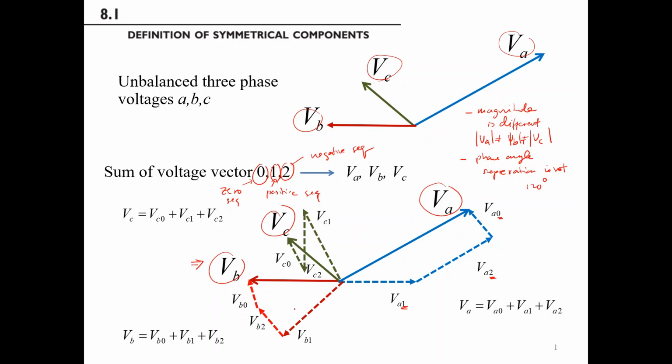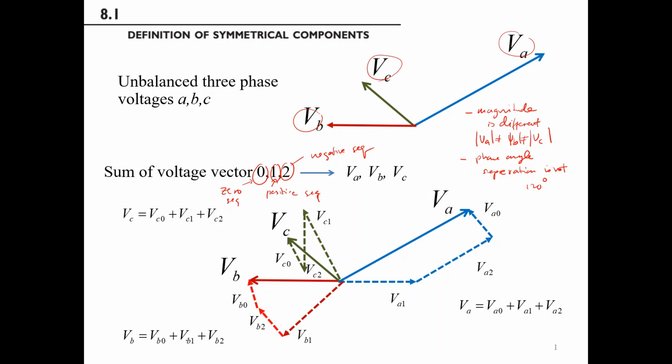You can also express VB in terms of the positive, negative, and zero sequence, the sum of these three components. Similarly, for VC, you could express this in terms of V1 positive, V2 negative, and V0 zero sequence. So let us see the property of each of the components 1, 2, and 0.